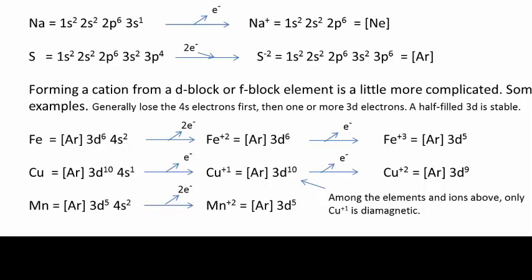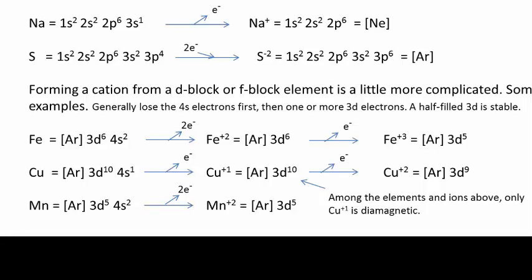So let's look at iron. You may know that iron tends to form cations of either +2 or +3. To form a +2 cation, it would lose 2 electrons. So to the left, I show the electron configuration of iron, and I'm going to take the shortcut by using the square brackets argon, saying everything that is argon plus 3d6 4s2.